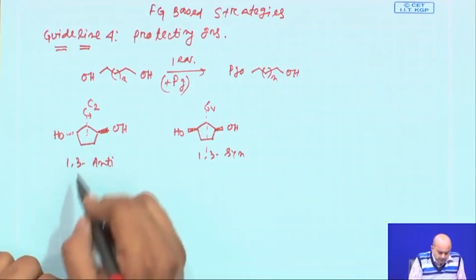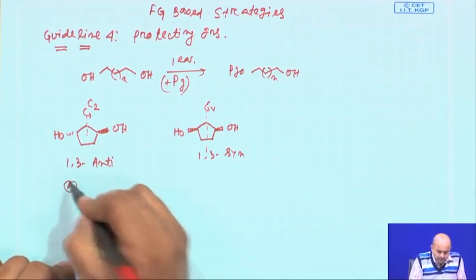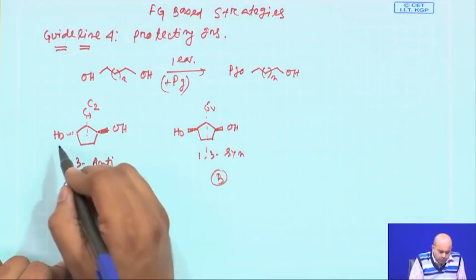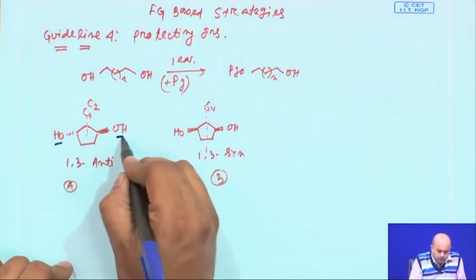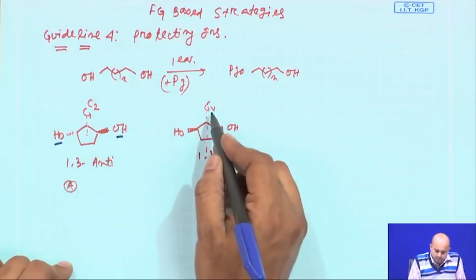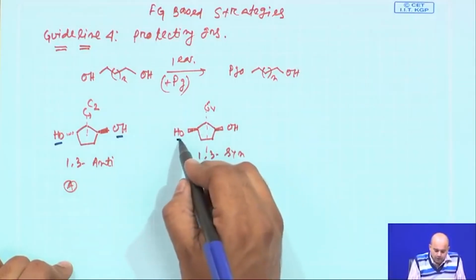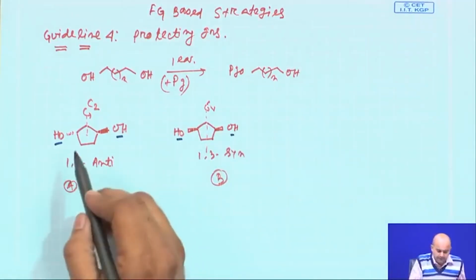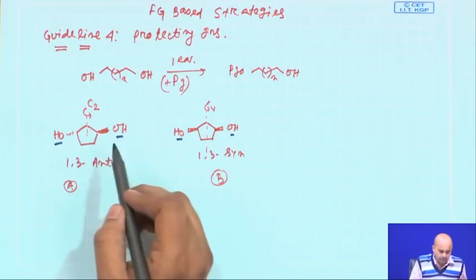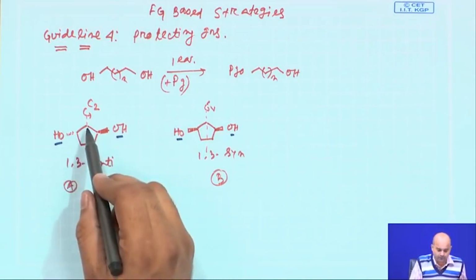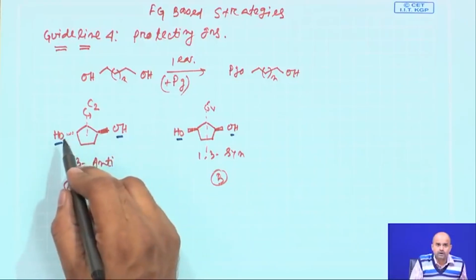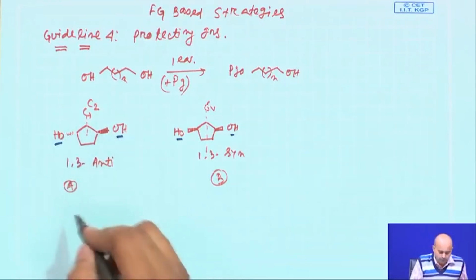Now, I said compound A and compound B. Compound A has two OH groups, OH1 and OH2, and compound B also has two hydroxy groups. If you remember, last week we said that if you have a compound with a C2 axis of symmetry, the OH groups or similar functional groups will be homotopic.